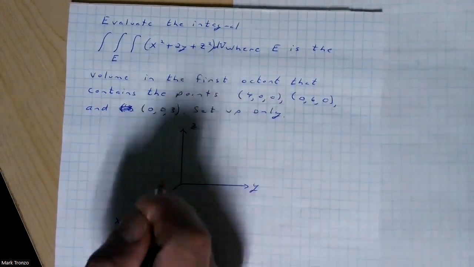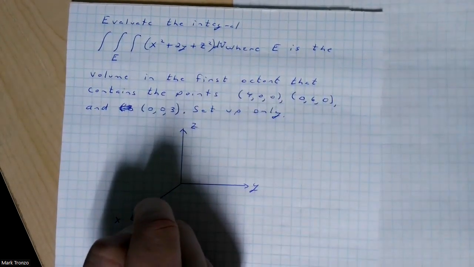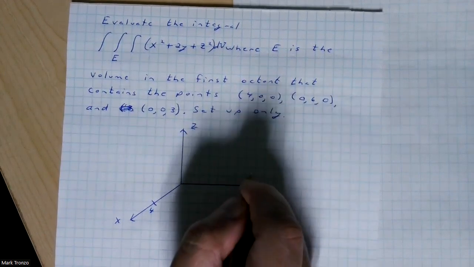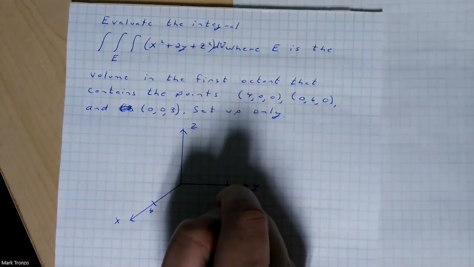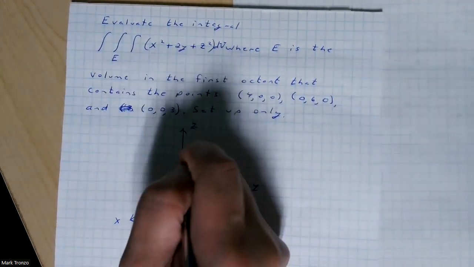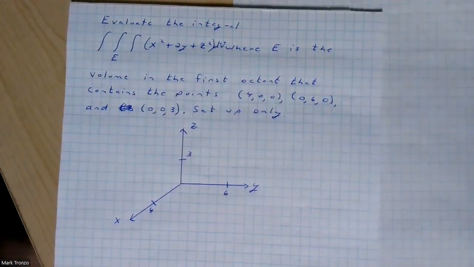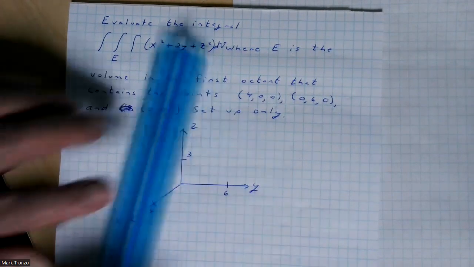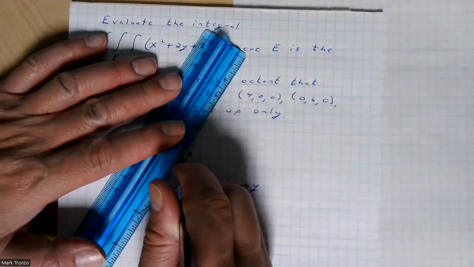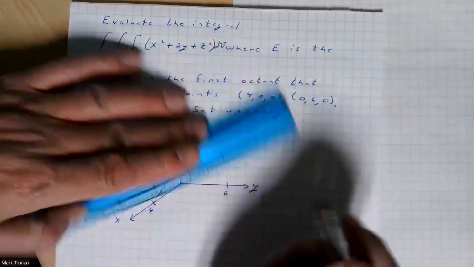So it has the point 4, 0, 0, the point 0, 6, 0, and the point 0, 0, 3. Remember when you were doing planes, we had something like this.